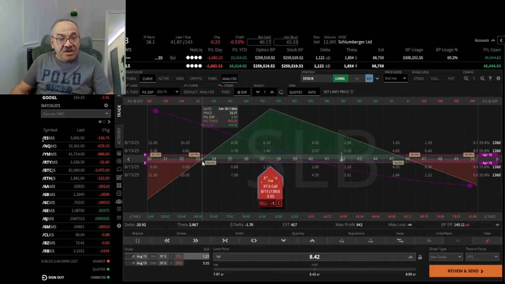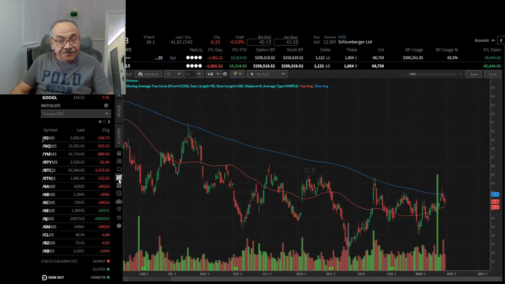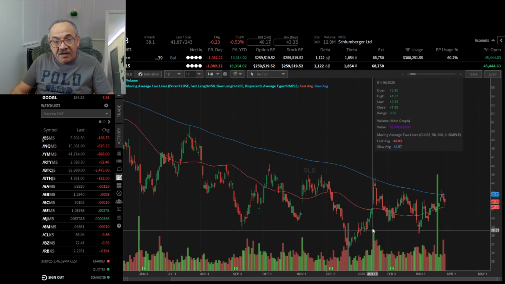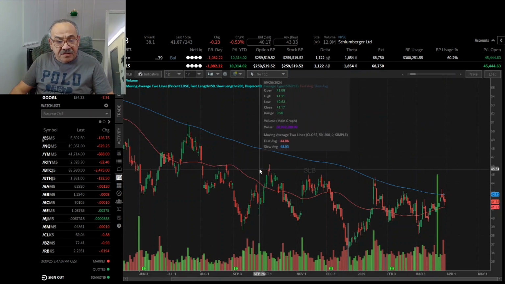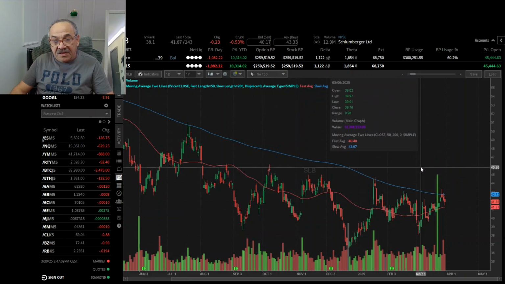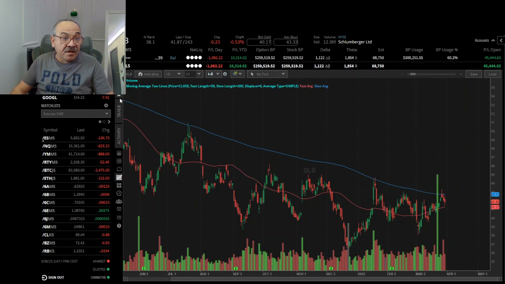So right now it's covering an interval from 33 to 46. 33 is not even on the chart. 46 is well above the range where it traded during the last year, so it's good coverage, I think.